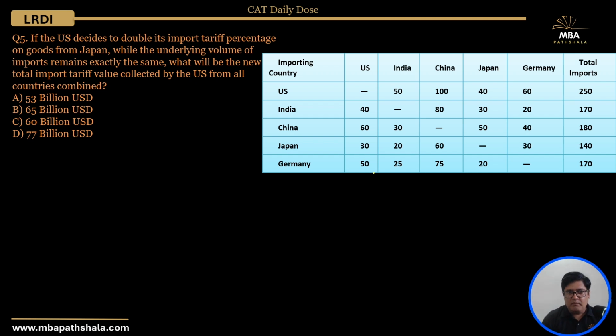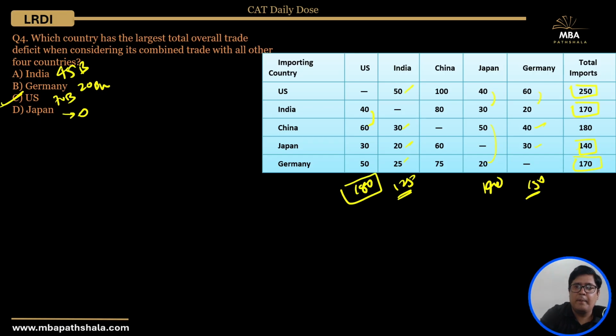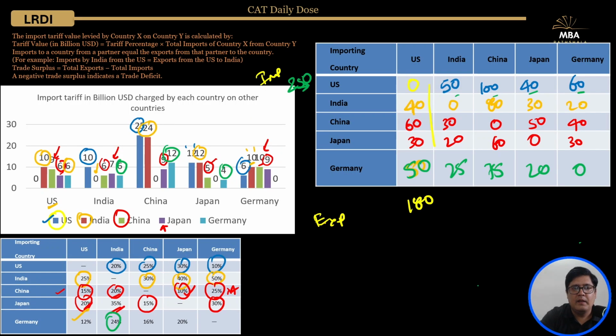This question is not about the total import, it's about import tariff. Let us go back to the original graph. Blue one is US. How much is US collecting from India? 10 billion. From China, US is collecting 25 billion.